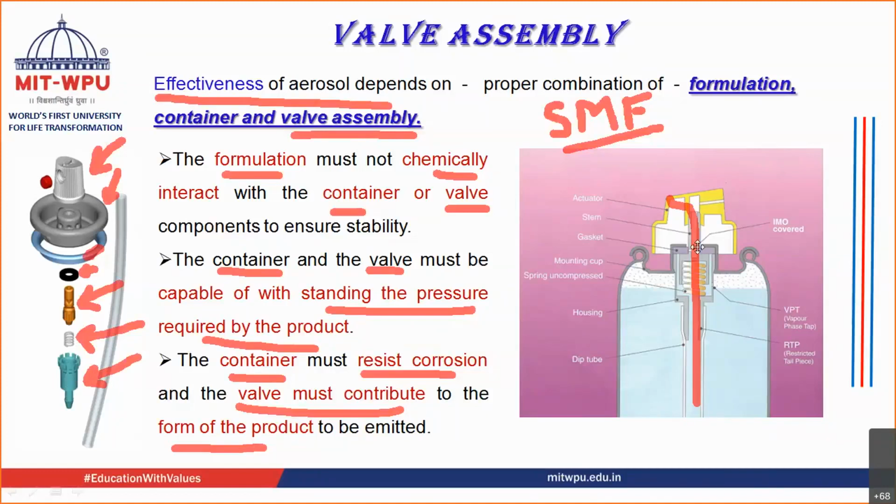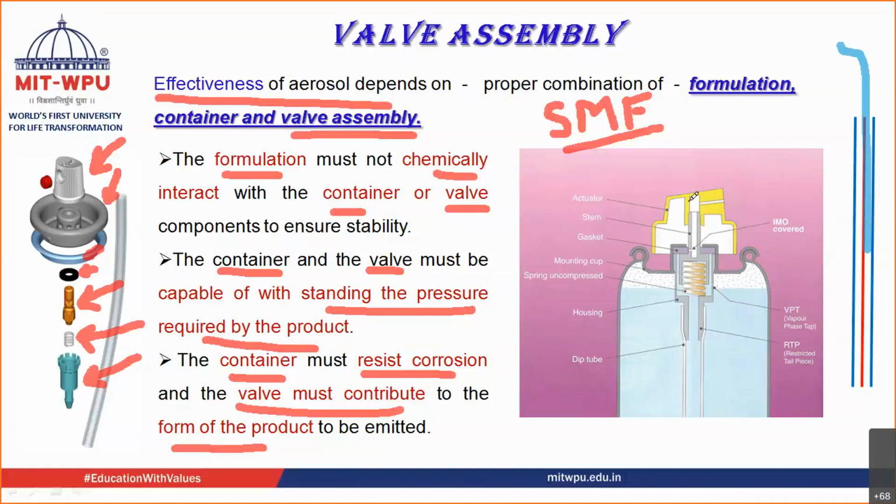If you see over here in this figure, you can see the actuator on the top. You have the stem which is placed over here, and you have the gasket which is below the mounting cup. Then you have the spring that is present over here. The stem goes inside the spring, and then it again moves up.